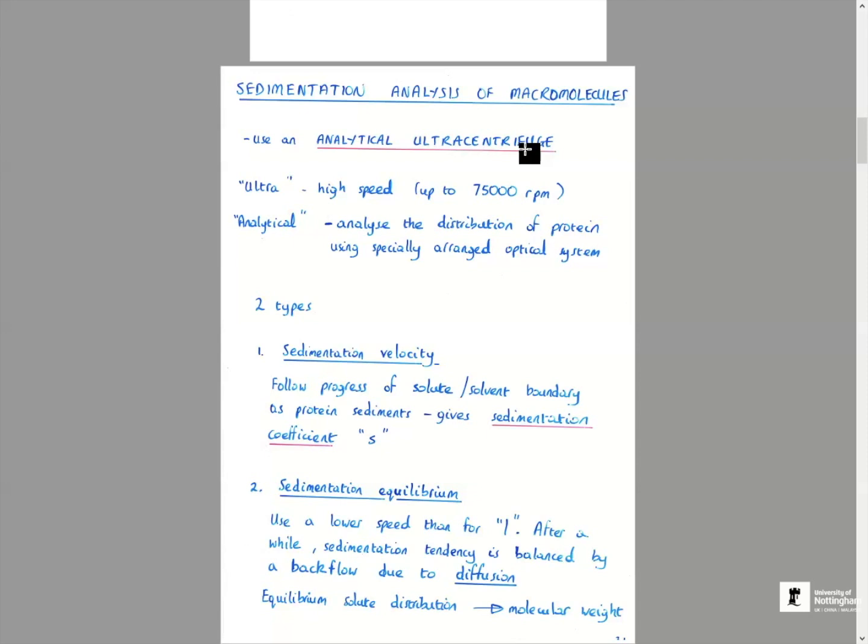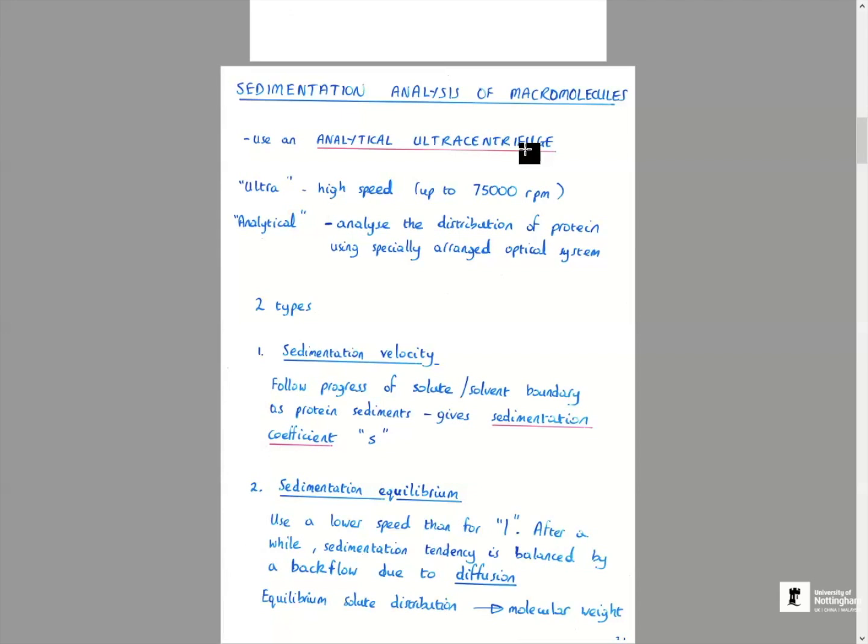Obviously, it depends on the speed. The higher the speed, the faster they will sediment. But for a given rotor speed and given conditions of temperature, solvent and things, the rate at which a particle will sediment depends on its size and shape.